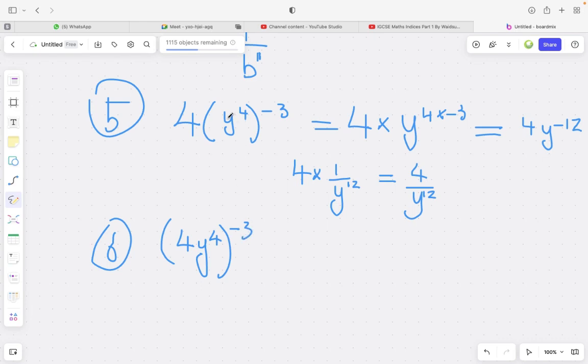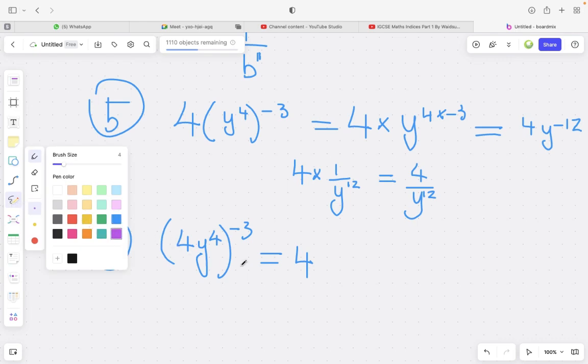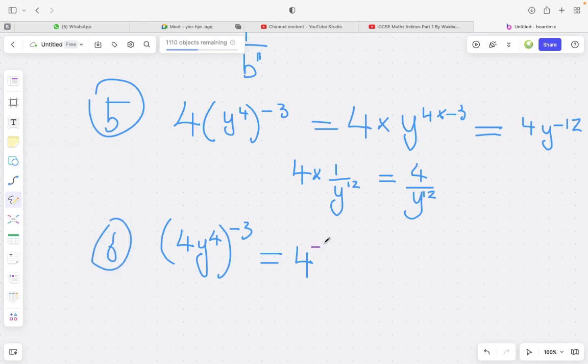Now, the difference between this and this is that this 4 was outside the bracket, but in this case this 4 is inside the bracket. So now this power is talking to this 4. First and foremost, you say 4 to the power of -3, times y to the power of 4 times -3 as well, because this power outside is talking to both of the numbers inside now.